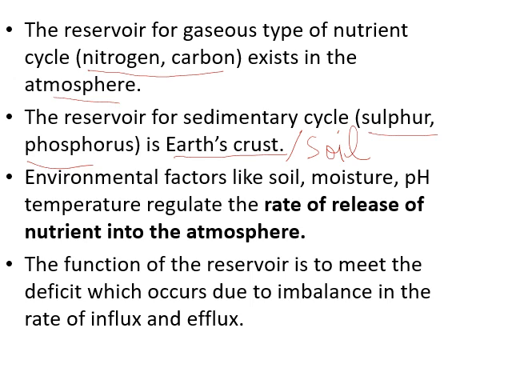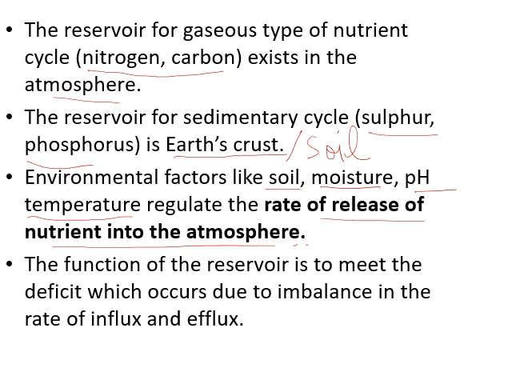Environmental factors like soil moisture, pH and temperature regulate the rate of release of nutrients into the atmosphere. We all know that decomposition is a process which is dependent on environmental conditions. If there are dry conditions, decomposition is very slow. So when decomposition is slow, the rate of release of nutrients into the atmosphere will also be slow.